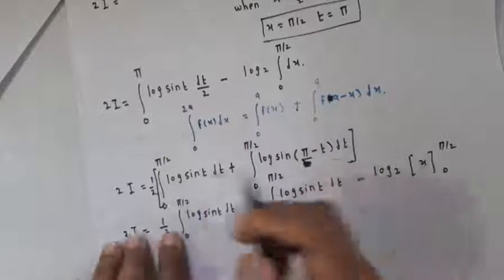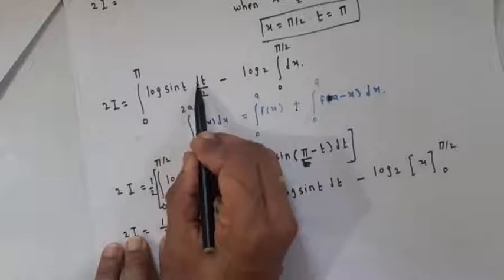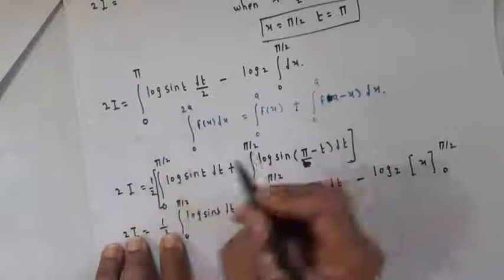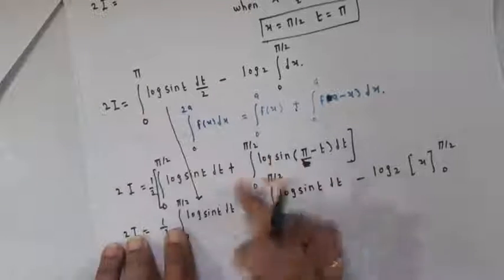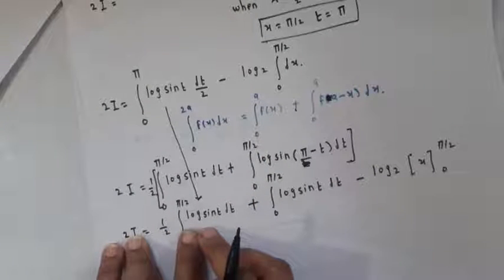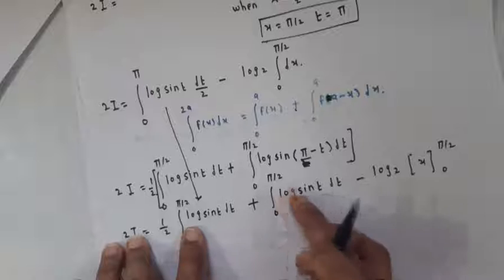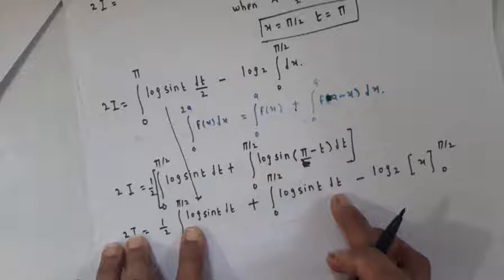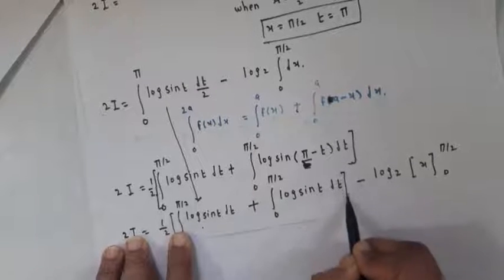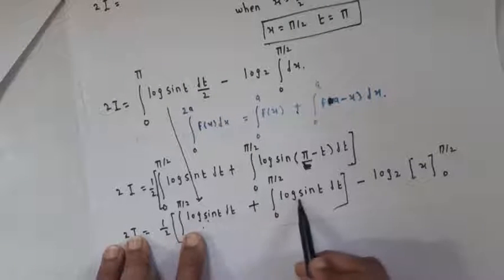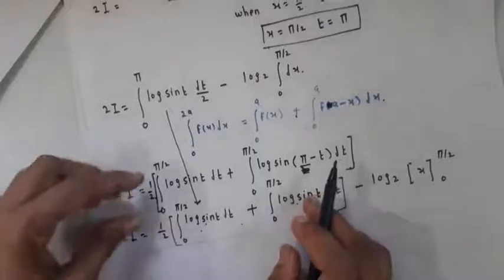Okay students, so log of sine of t with dt by 2. So we have solved the integration like this by using this property: integral 0 to pi by 2 of log of sine of t plus log of sine of t with respect to t. This is 1 time plus 1 time, this is 2 times.